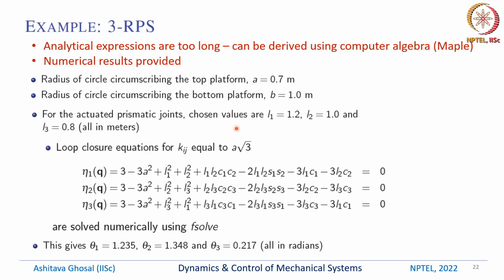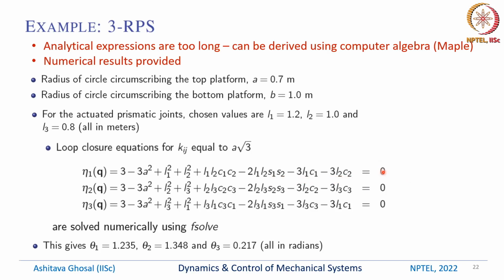Okay, so once we have those loop closure constraint equations. Remember, we had three constraint equations, eta 1, which was a function of L1, L2, theta 1 and theta 2. So again, using Maple, we can simplify that equation and we will get a reasonably complicated expression like this. So the first equation is 3 minus 3a square plus L1 square plus L2 square, and then L1 L2 cos theta 1 cos theta 2 minus 2 L1 L2 sin theta 1 sin theta 2 minus 3 L1 C1 minus 3 L2 C2.